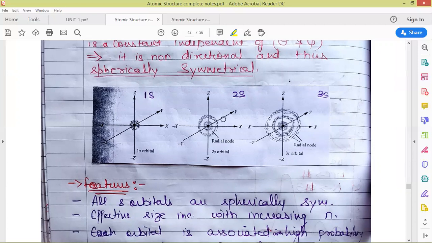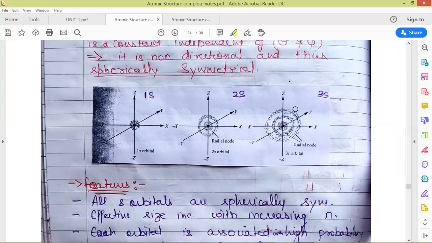For the 2s orbital, based upon the formula for the number of nodes, n minus l minus 1, the number of nodes comes out to be 1. The radial node is shown as a spherical shell between the two high probability regions. The high probability regions are shown by the dotted area, and the radial node is shown by the blank shell between the two dotted areas around the nucleus.